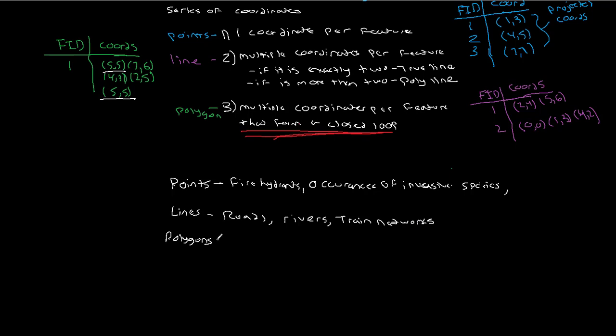And then finally, polygons are used for things that we would typically think of as having an area. So again, we talked about political boundaries. Political boundaries are a big one: counties, states, census tracts, zip codes. Maybe private property is another example.